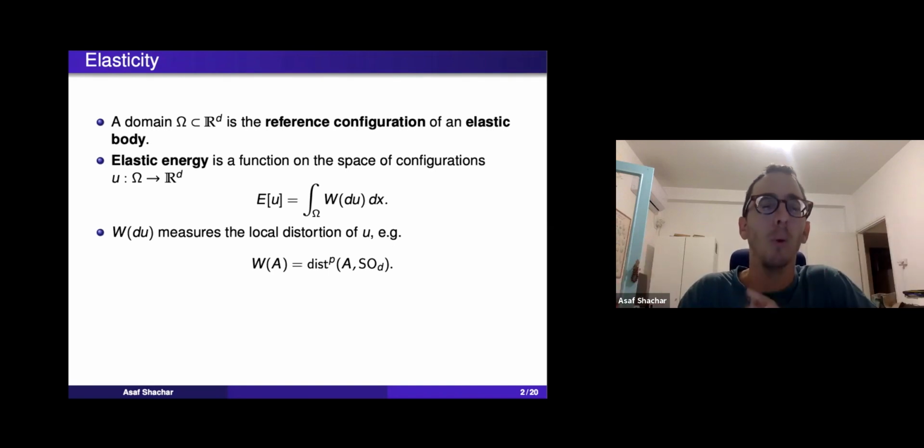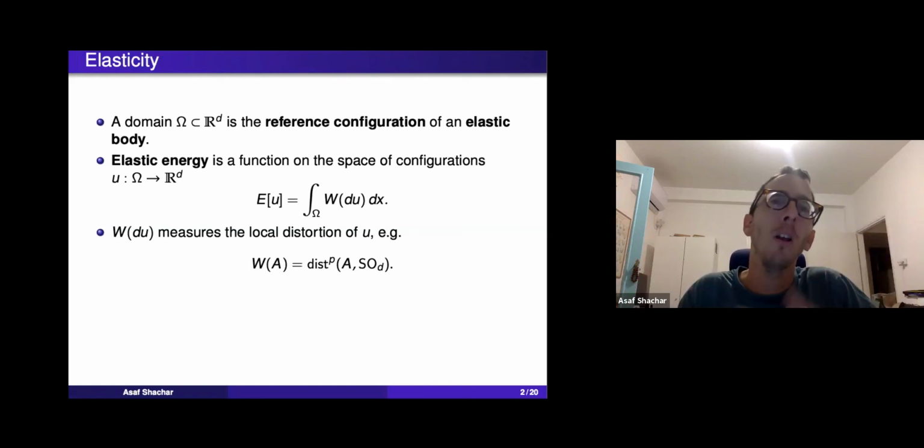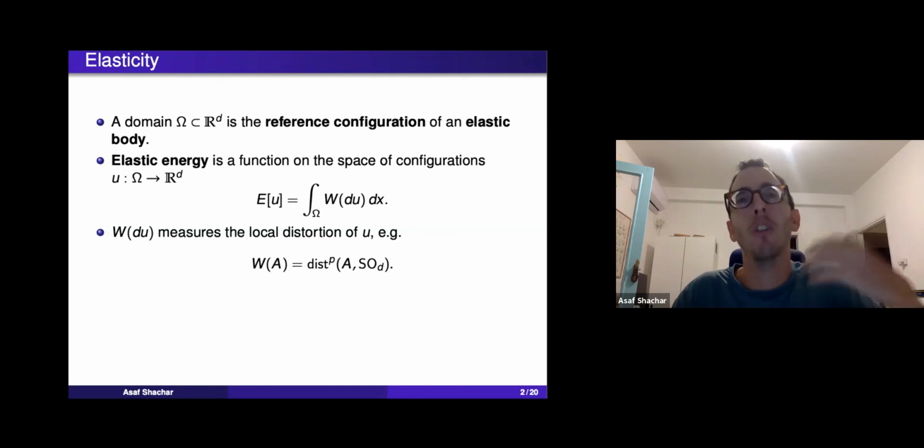So just a mapping of some regularity, let's say Lipschitz or some Sobolev space. And the energy is a functional given by an integral, an aggregation of local distortions. It's an integral over omega of some energy density W, which measures the local distortion of the map.